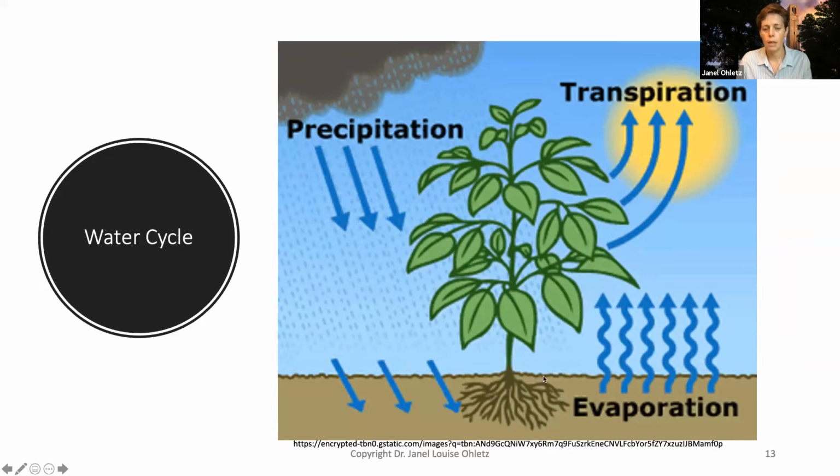If we have this covered up, we've shown that we reduce evaporation. If we have some mulch layer there, it actually reduces the amount of water lost to the atmosphere from the soil surface. And of course, the plant will transpire water as well. It is going to take water up from the roots and transpire it into the atmosphere, where it then hopefully gets turned into a cloud and then rains back down again.